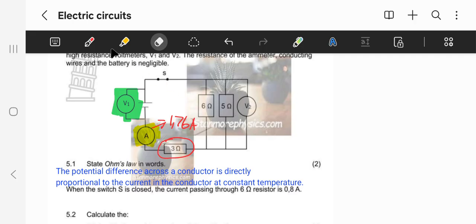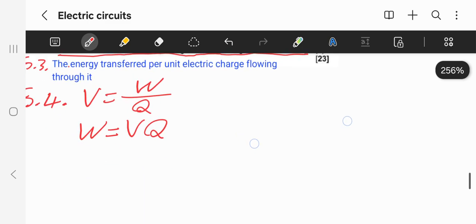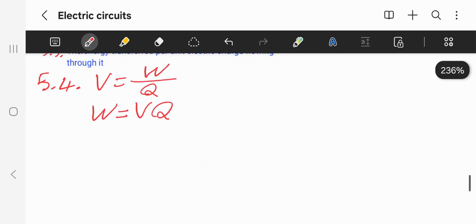That potential difference was the one we found here on V2, which is 4.8 volts, right? Since the 6 ohm and the 5 ohm are connected in parallel, they are going to have the same voltage. So that's what we are going to use to answer this question. We would use the 4.8 voltage or potential difference.